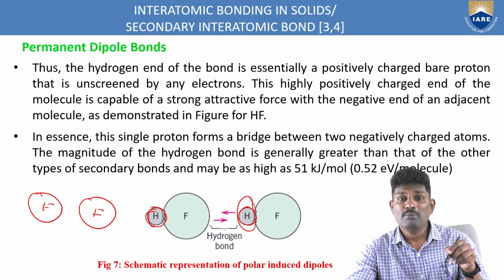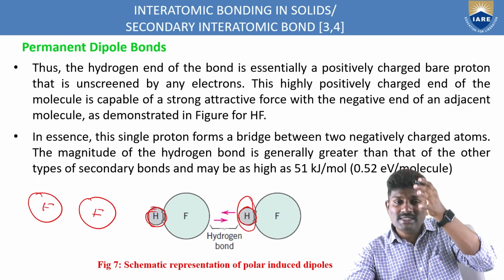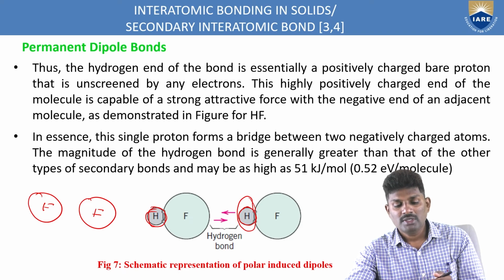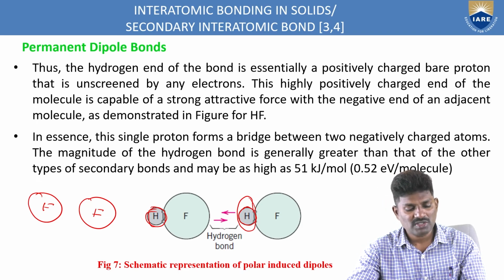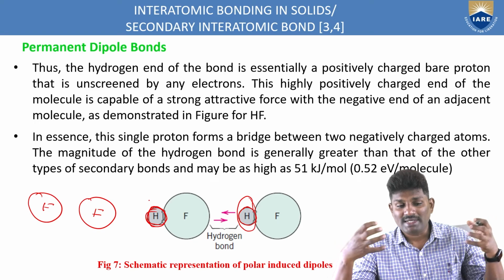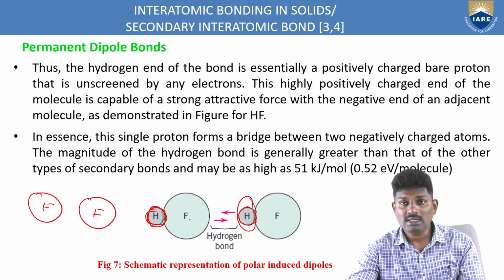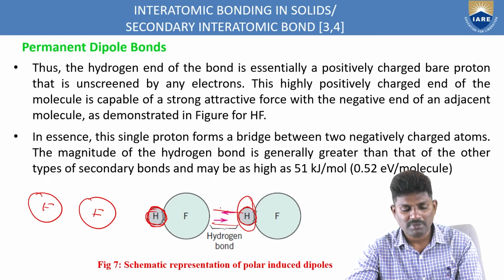But though it is having a positive charge, we can't see it, it is unscreened by any electrons in between. So this highly positive charge is trying to attract the fluorine atom so that you will get a strong bonding energy between these two.